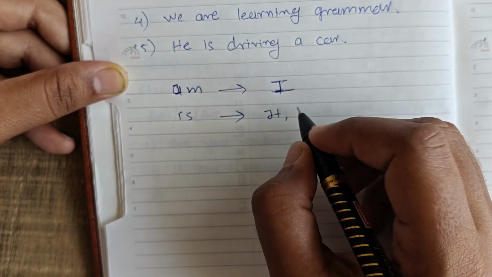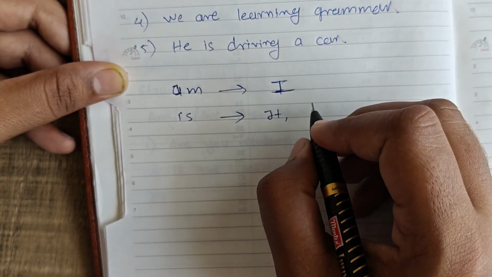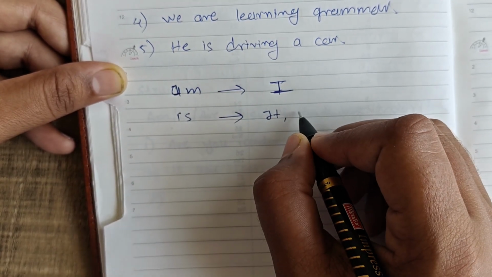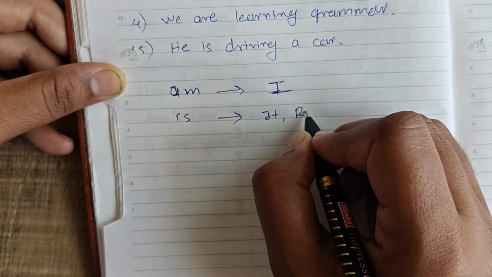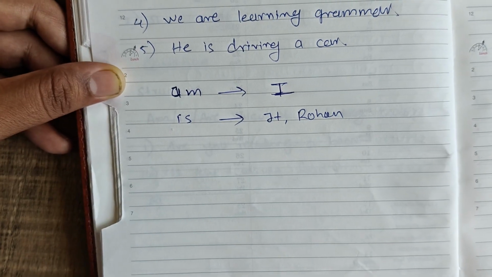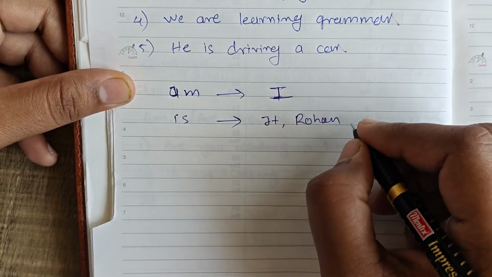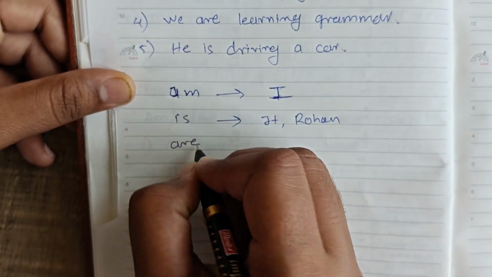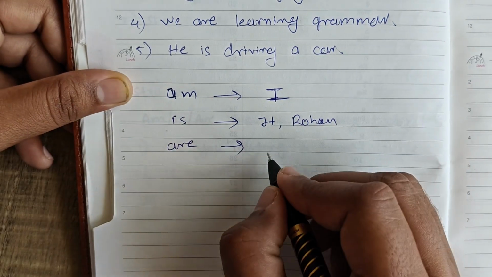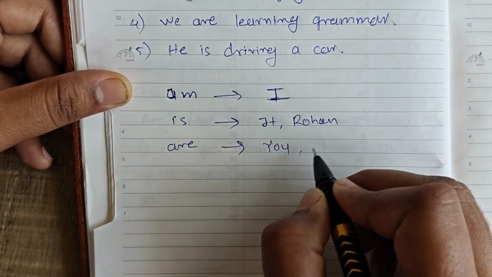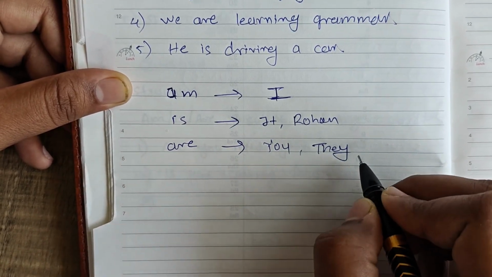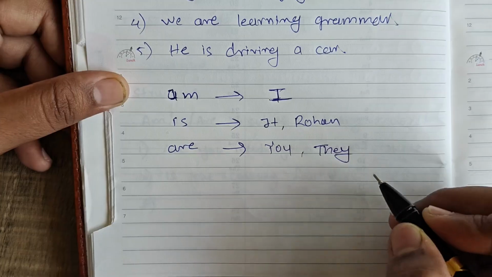Then some name as well, like if somebody is Rohan, then Rohan is, like that. And are comes with plural subjects like you. You is a plural subject, they, like that.